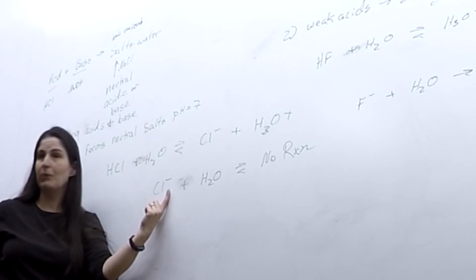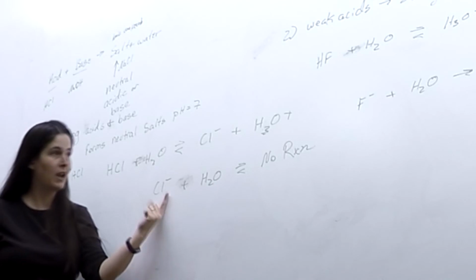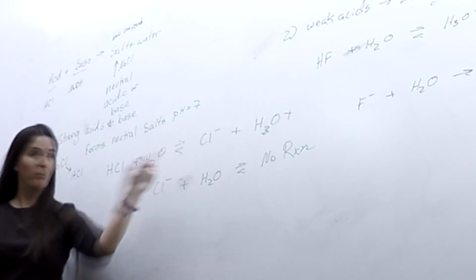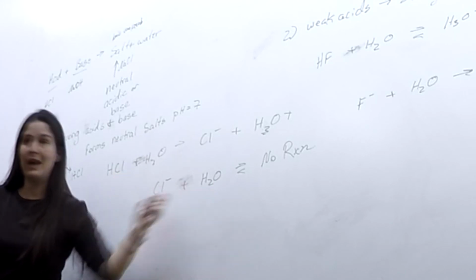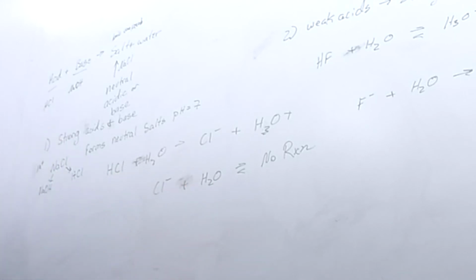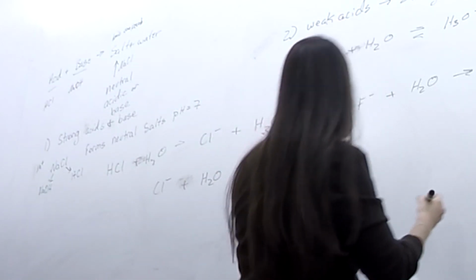Remember, it is solvated, which means it will not react with water, it will not go backwards. Since it will not go backwards, it will not react with anything. So you can't get a basic solution from that.